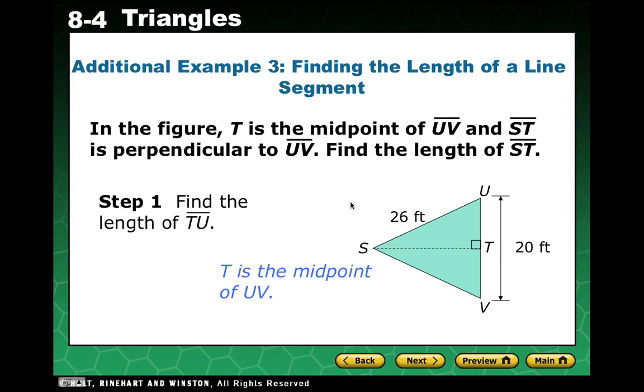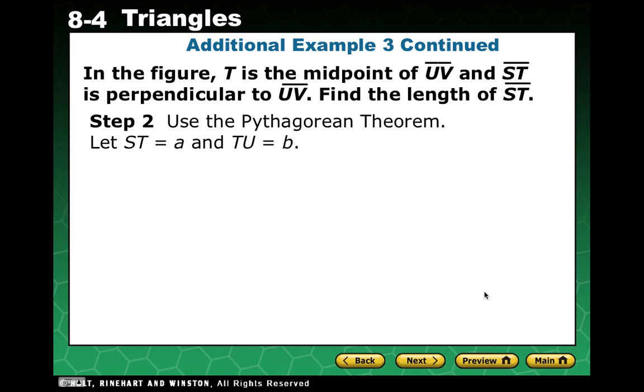So T is the midpoint of UV. That means we'll take this measurement of 20 feet and divide it in two, and that will give us UT and TV. And that means that it is 10 feet. And then we're going to use the Pythagorean theorem since this half of the triangle is a right angle. A squared plus B squared equals C squared.